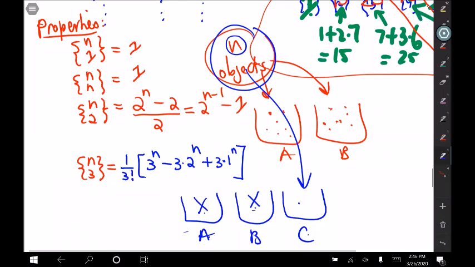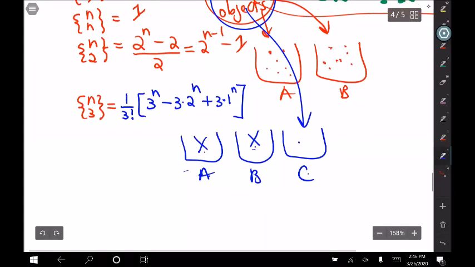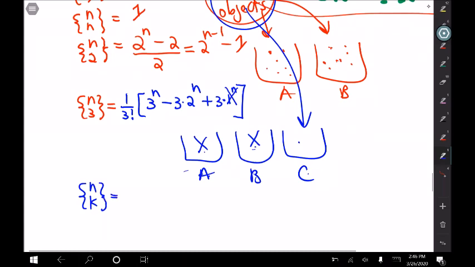Okay, now, what would be the general formula? Is this formula correct? I think it is. The 1 to the n is just 1, so I don't have to worry about this one. So what would be the general closed form formula? Not only do we have a recursive form for the general second kind, but we even have a closed form.